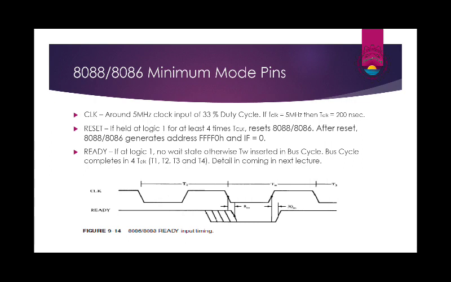So for the time being, we have to remember that the ready pin is used to insert a wait state in the timing of the microprocessor if more time is required to access memory devices.